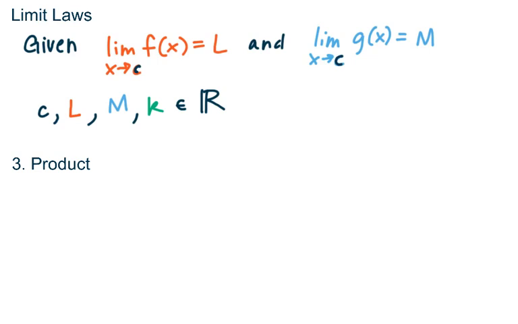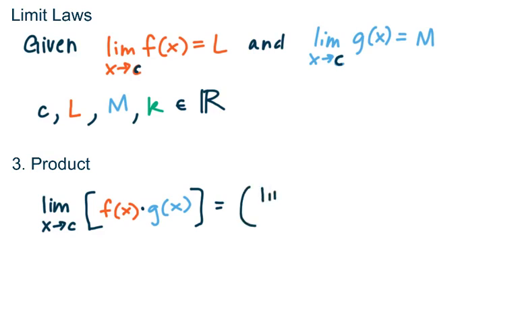Okay, so we have our product rule, or product limit law, and that says the limit as x approaches c of the product of functions f of x times g of x, if we were multiplying these, well, that could be rewritten as the limit as x approaches c of f of x times the limit as x approaches c of g of x.